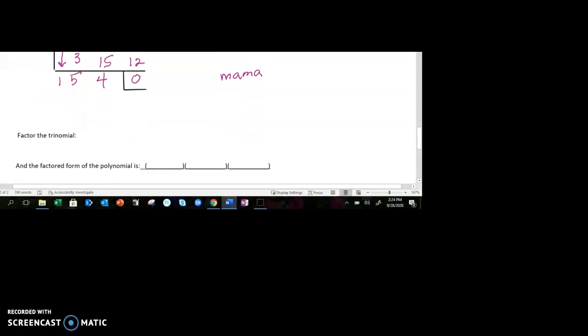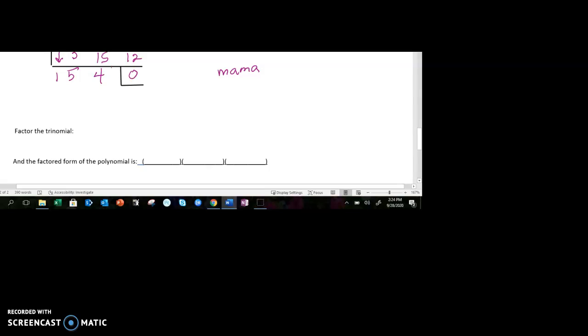We take the trinomial that's left. That would be x squared plus 5x plus 4, and we're going to factor this to find the remaining factors, the other two factors. So x times x gives me the x squared.